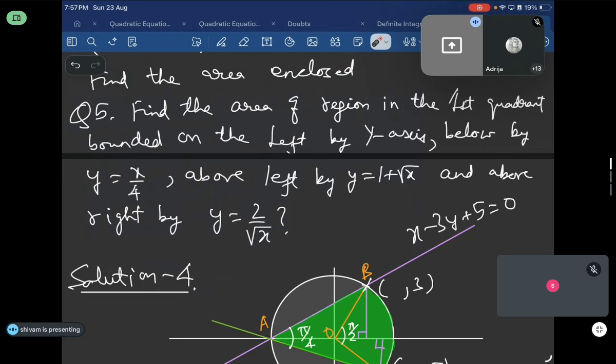Yes, Satija, right answer. I think by Sunday we'll complete, next week. Area under curve.